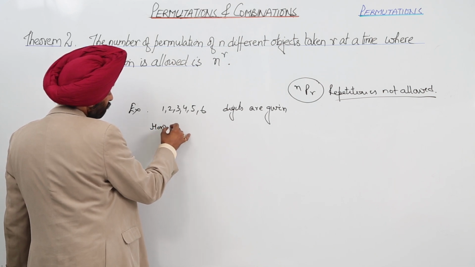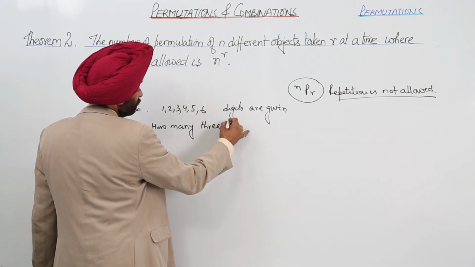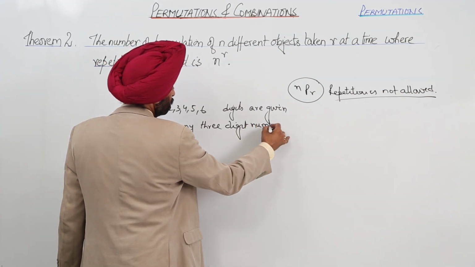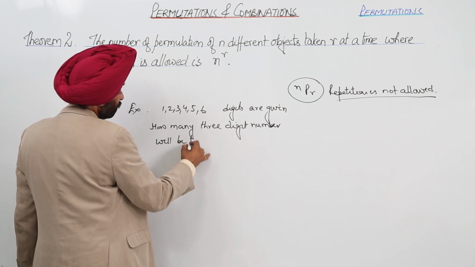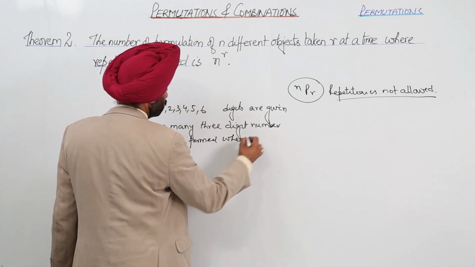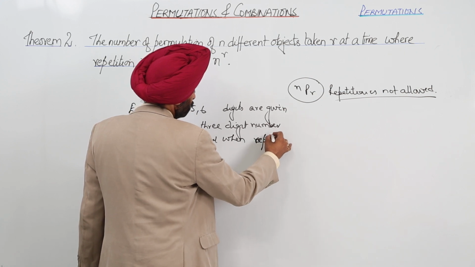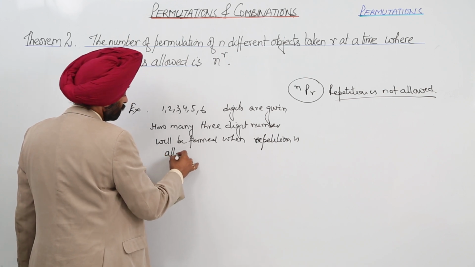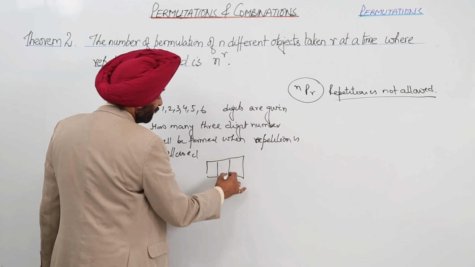How many 3-digit numbers will be formed when repetition is allowed? So we have to find 3-digit numbers when repetition is allowed.